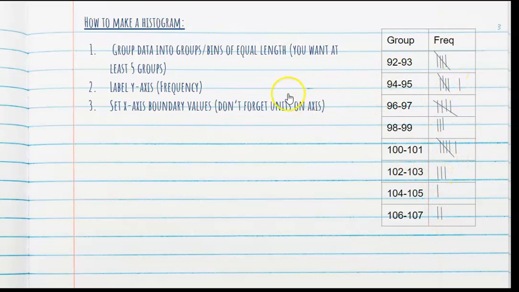All right, great. So then, when I create my histogram, I label my y-axis as frequency, and the frequency is this second column in my table over here. So notice that my frequency really doesn't have to go any higher than 6 on my scale. So always look at your frequencies before you just scale 1 to 100 or whatever.